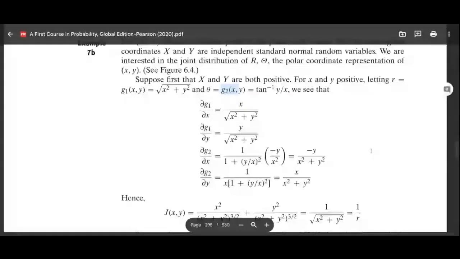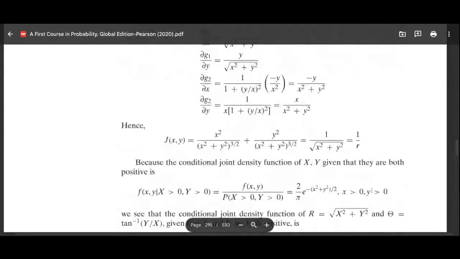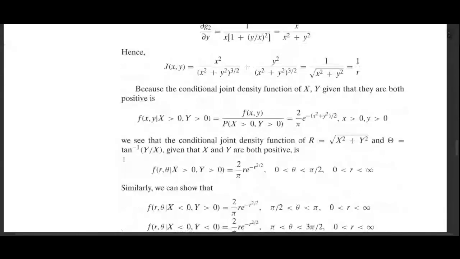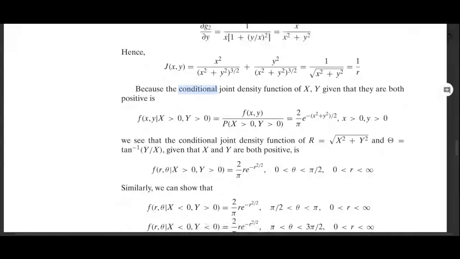So from the r, theta polar coordinates to the rectangular one, the Jacobian is 1 over r. Same as before, nothing changed so far. Let's see this: the conditional joint density function of x, y, given that they are both positive.